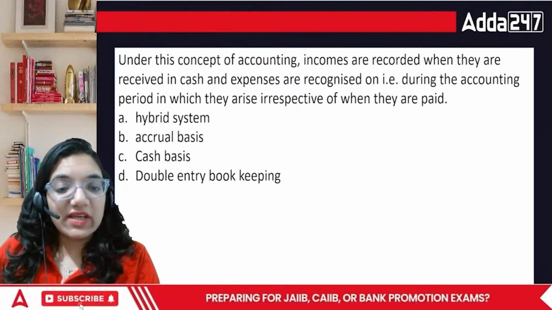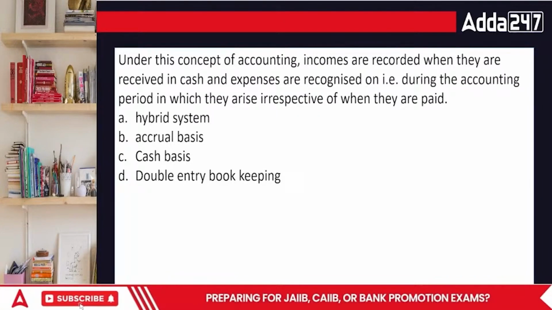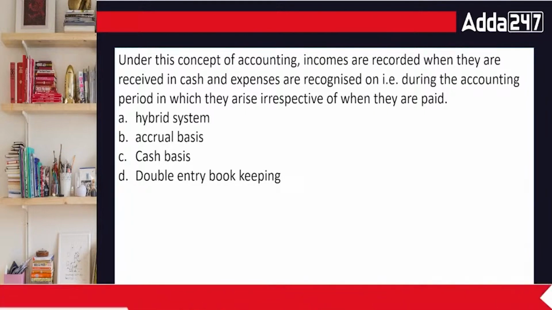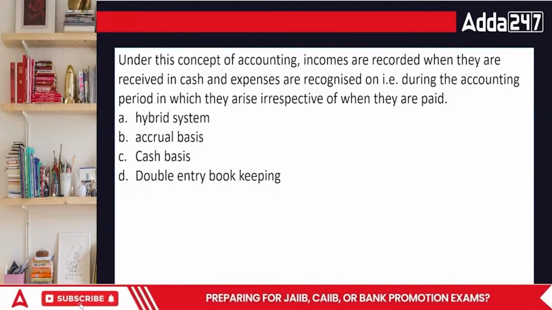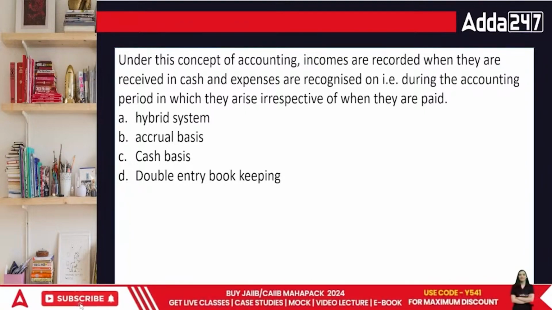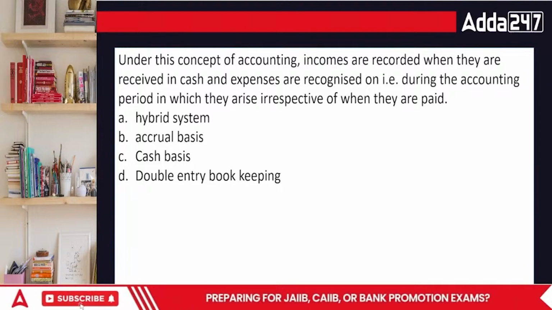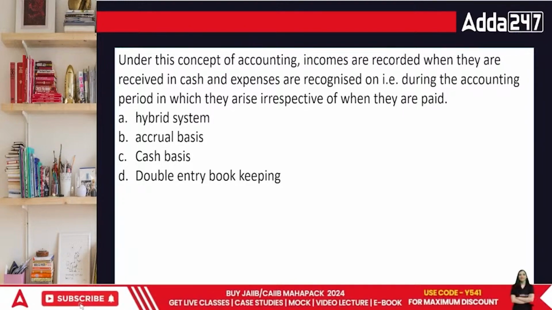So here comes the next question. Under this concept of accounting, incomes are recorded when they are received in cash, or expenses are recognized during the accounting period in which they arise, irrespective of when they are paid.